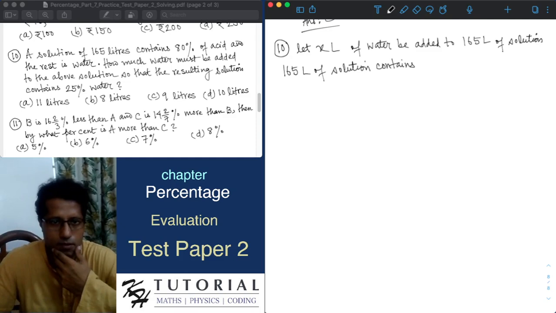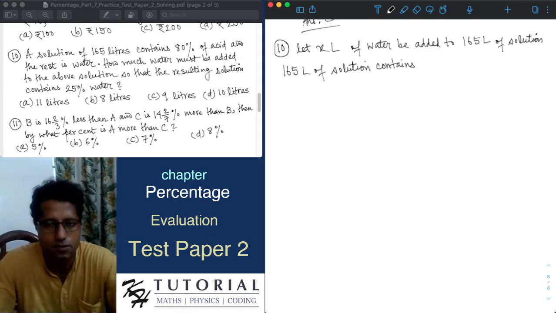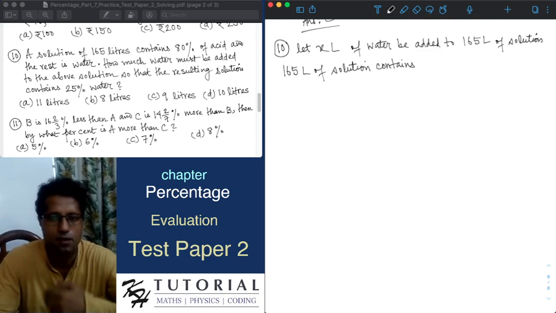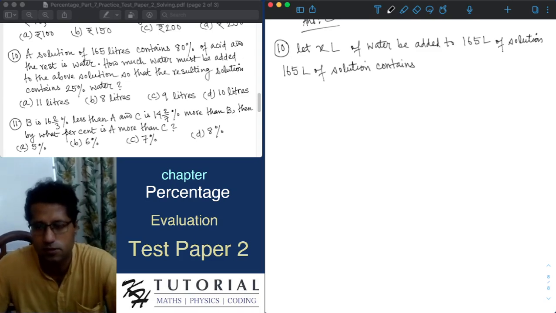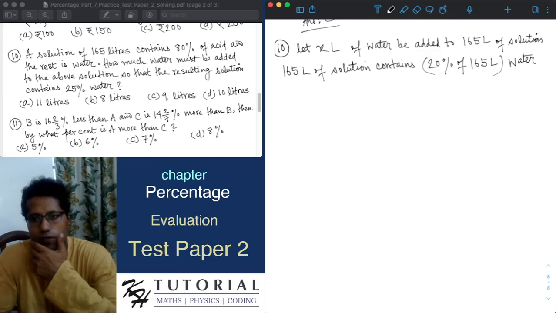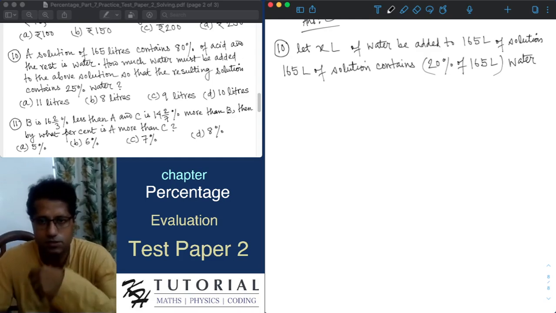Originally in the 165 liters of the solution, 80% contains acid and 20% contains water. Why 20%? Because the rest is 100 minus 80, that is 20% water. So 20% of 165 liters is water in the 165 liters of solution.